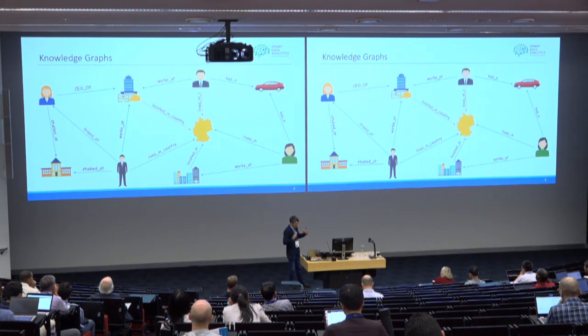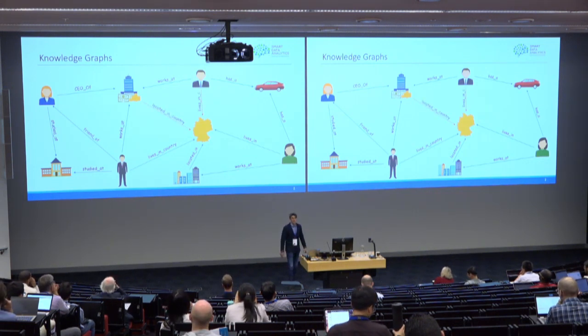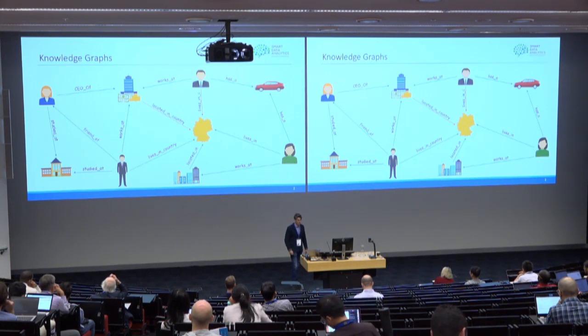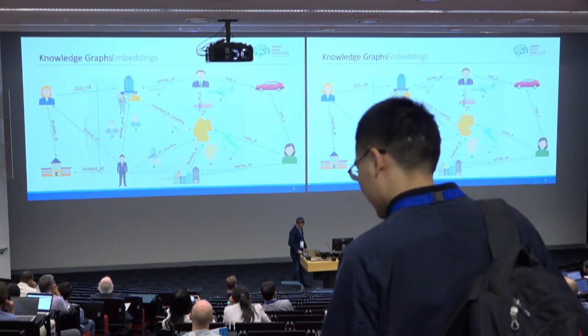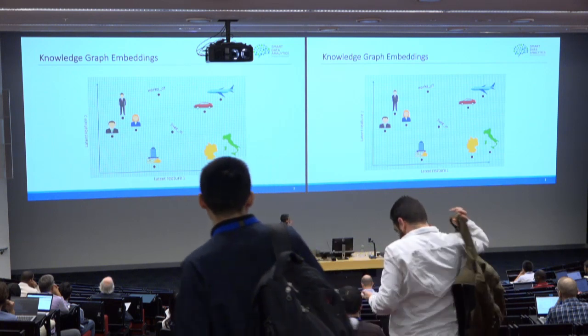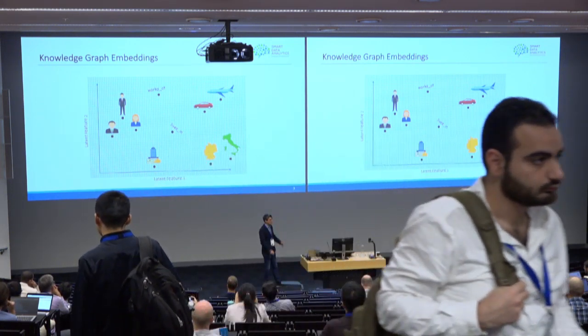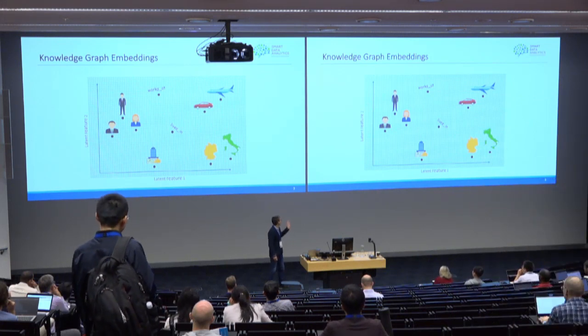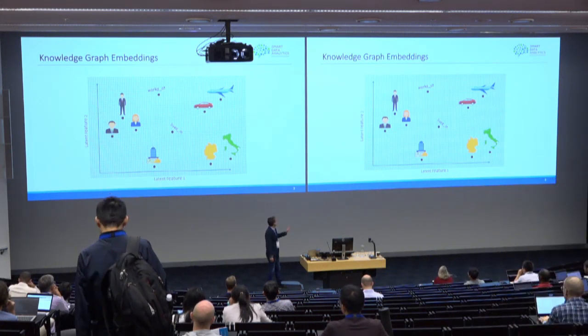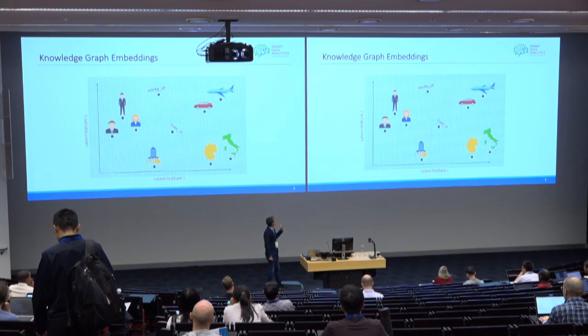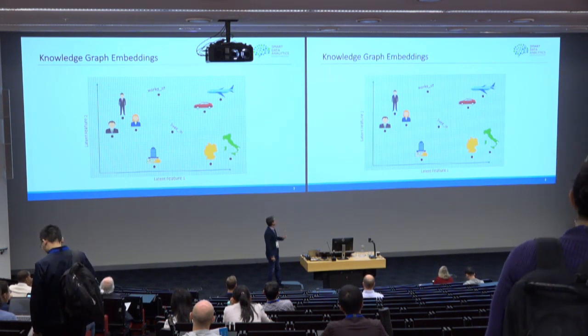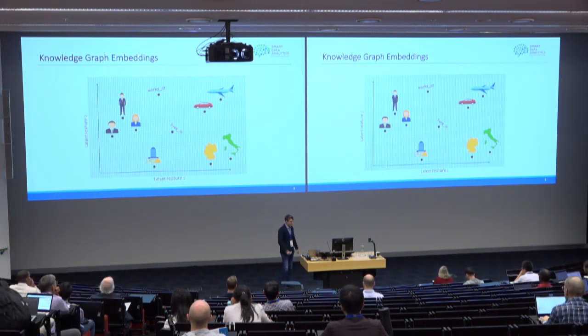A new kind of approach which got a lot of attention in recent years is knowledge graph embeddings. The idea is to encode the entities and the relations of a knowledge graph in a low-dimensional feature space, in this example a two-dimensional space. They are called latent features because the features that we learn for each entity and relation are not directly observable in the dataset.